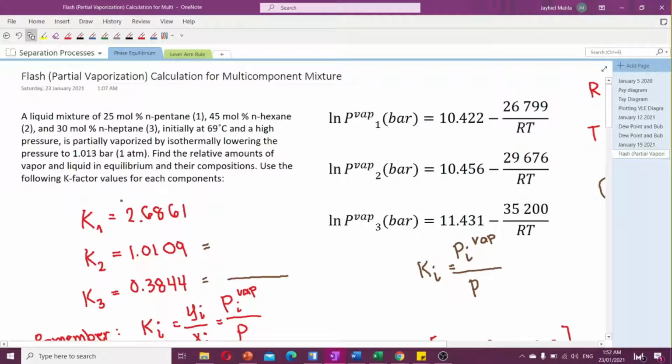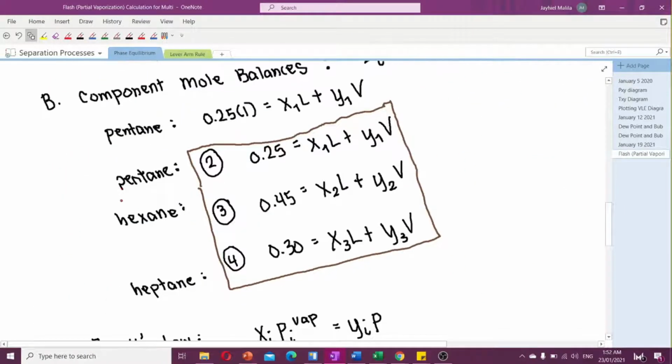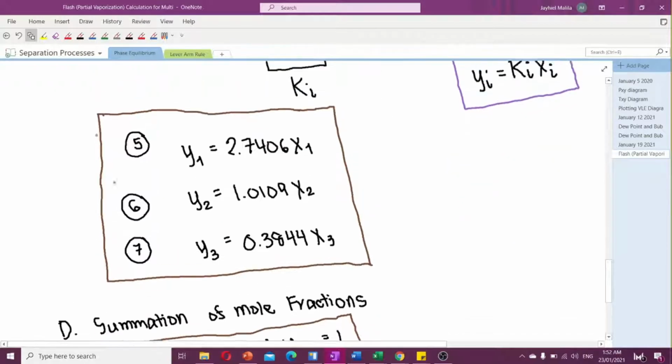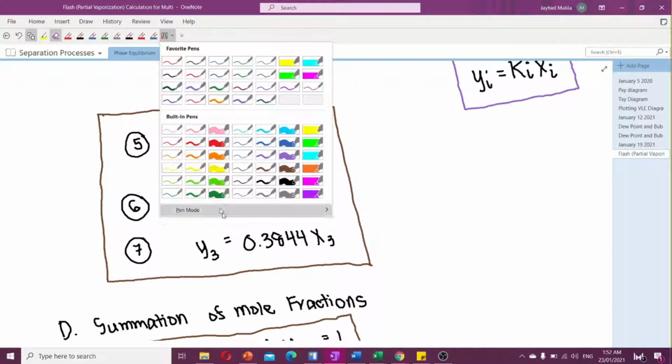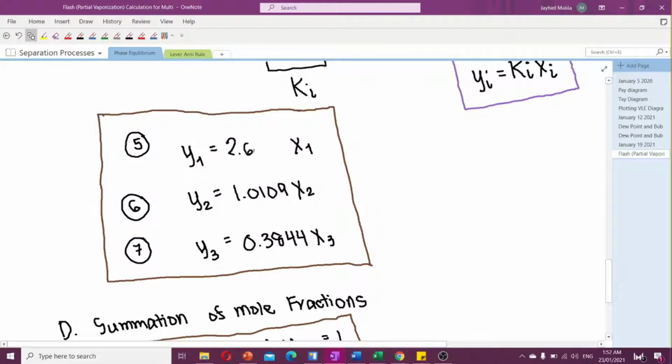So that is the correct value for K1. I computed it wrongly, so I will change this to 2.6861.